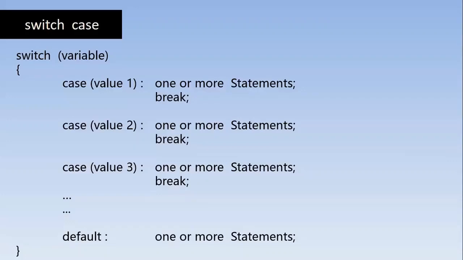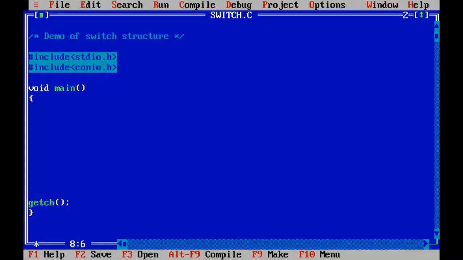Now let's do some programs on switch case and we'll understand it better. So friends, to demonstrate the switch case structure, I'll be writing a program that checks the given number and tells you back what the number was. Assume that you have entered 1, so it should tell it is 1. Or if you have entered 2, it should tell it is 2.